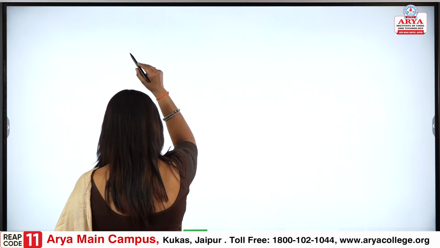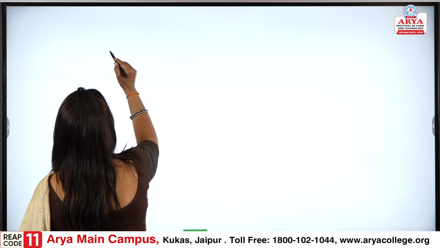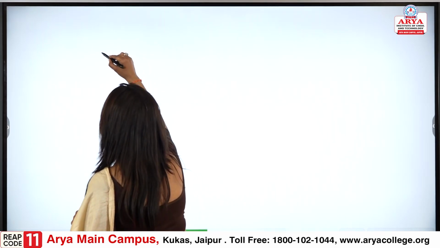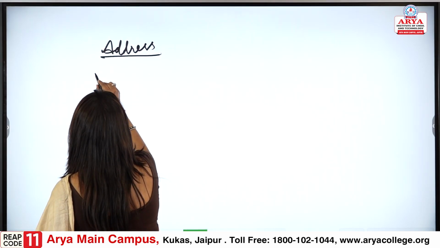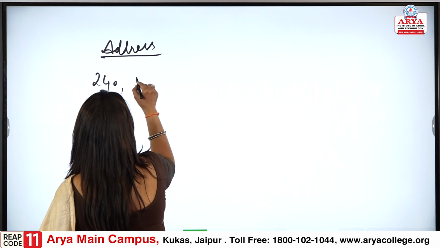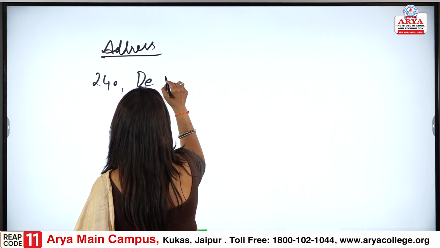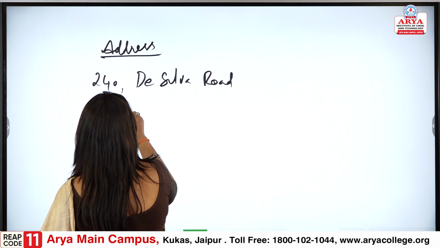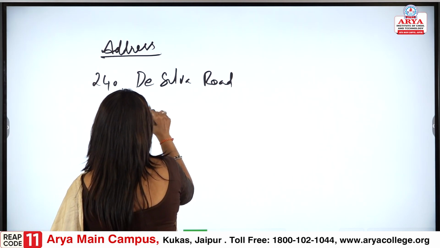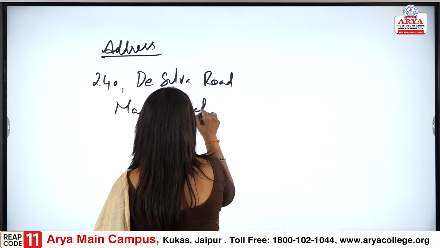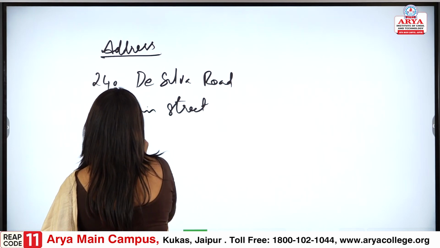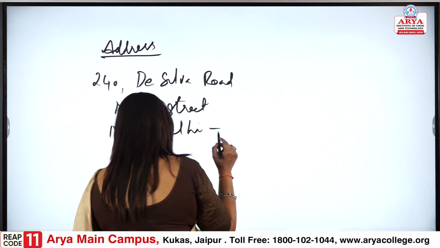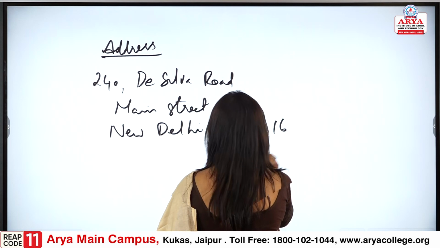Okay, in this letter, as we are starting with the address, suppose we are first writing the address. One of the addresses: 240 De Silva Road, Main Street, New Delhi, followed by the postcode. Fine.